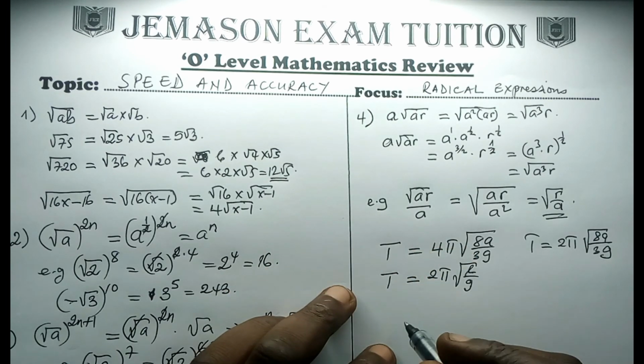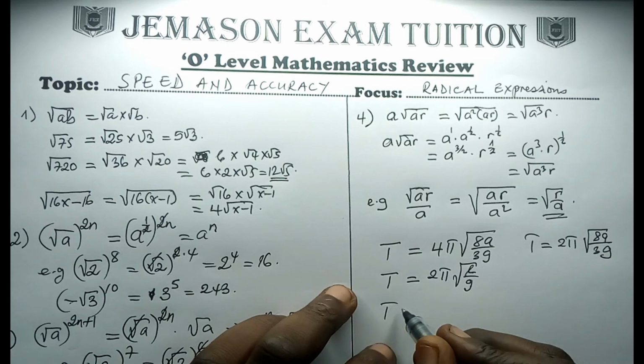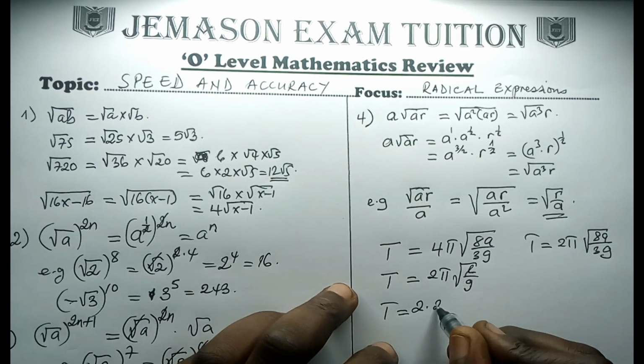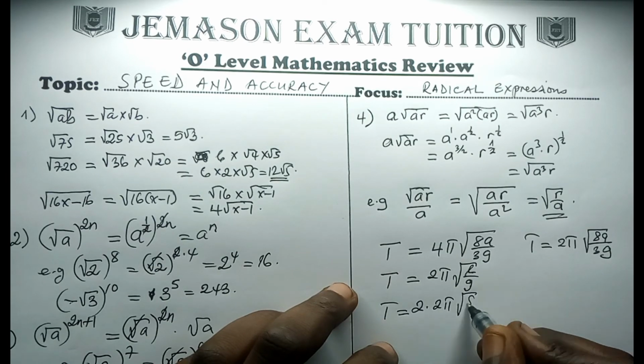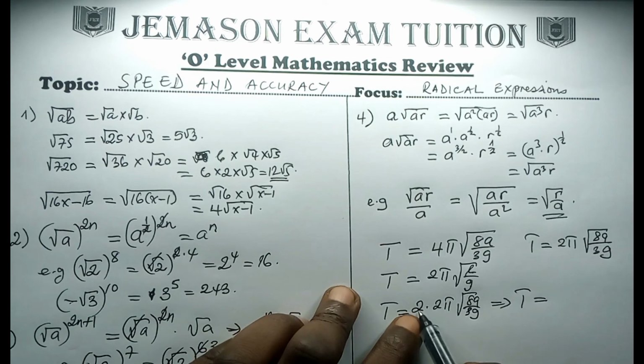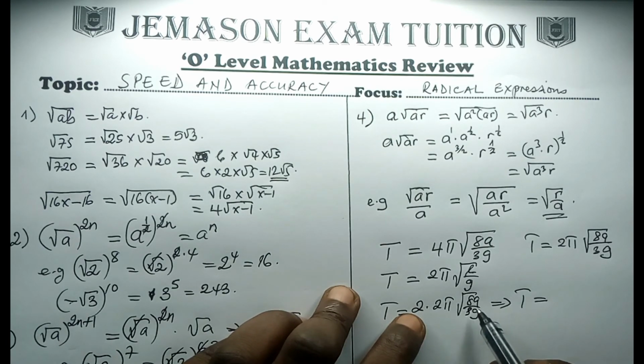So what I would do is to take this 4 pi and break it down into 2 times 2 pi, the root of 8a over 3g. And from there, I will now say T equals, I would eliminate this 2 by sending it inside the root sign. So again, to send it inside, I will need to square before sending.